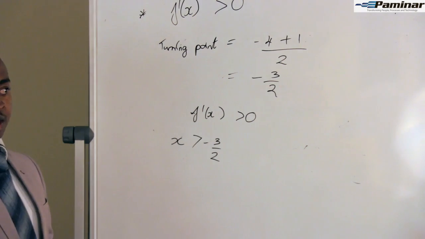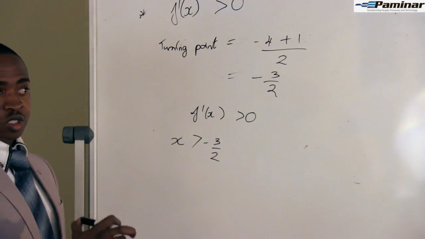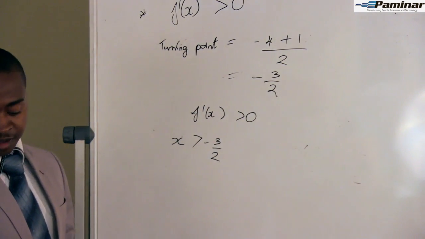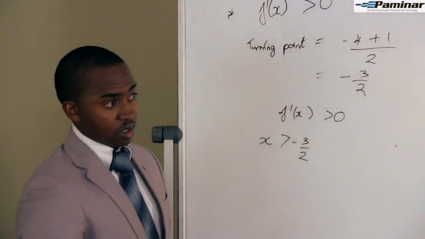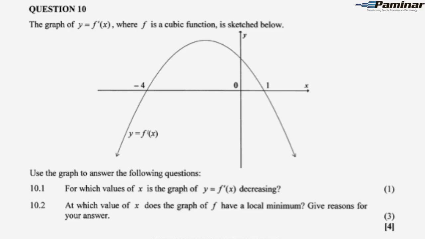Then, using the same knowledge, we're going to tackle 10.2. It says, at which value of x does the graph of f have a local minimum? Give reasons for your answer.